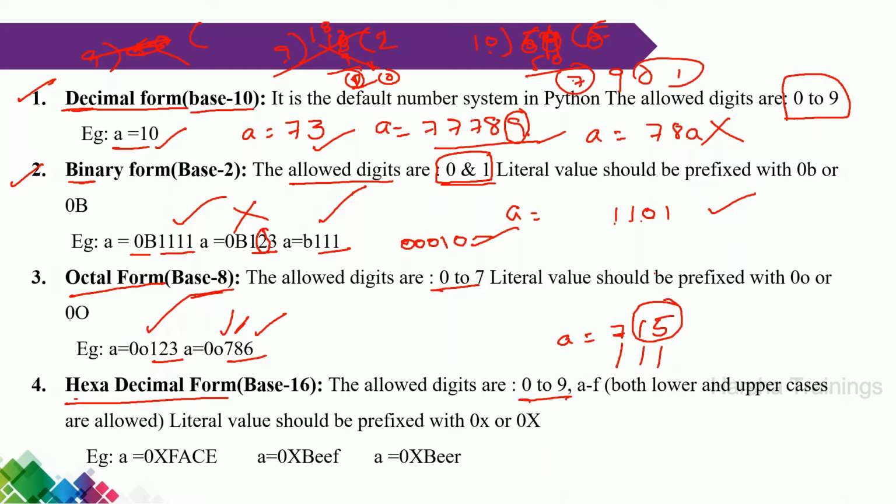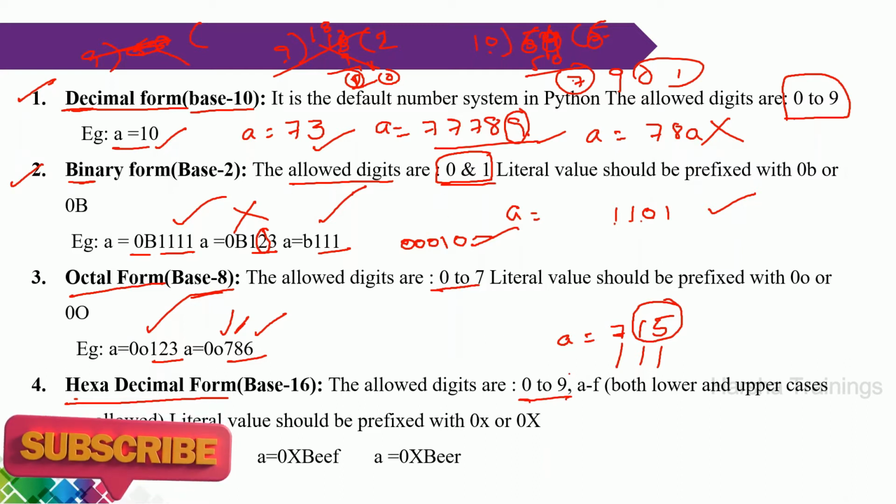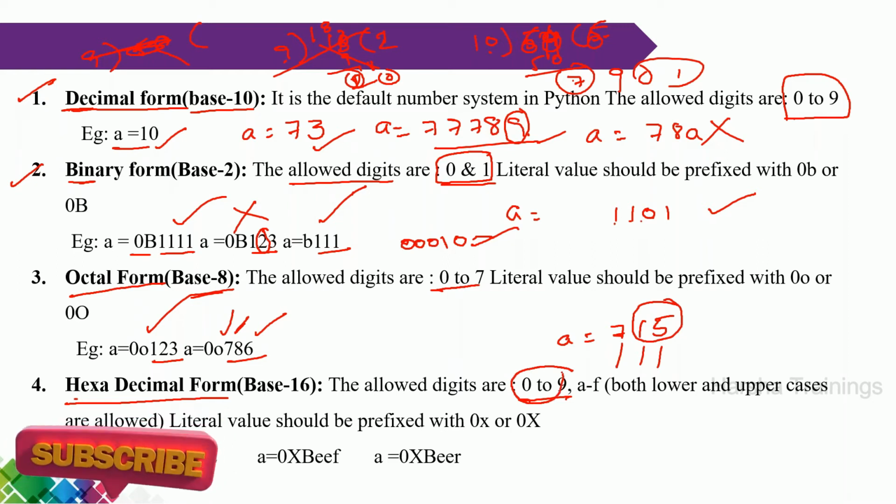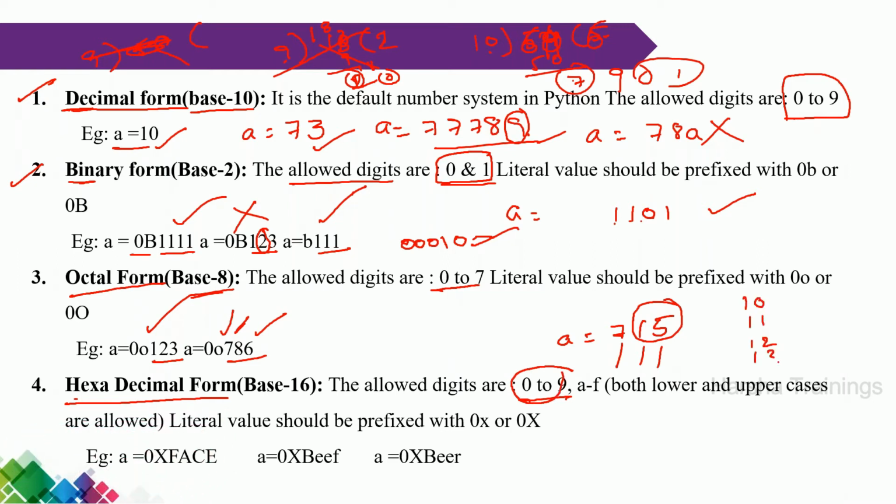Any combination of digits 0 to 9 is considered as separate numbers, not a single number. So to represent 11, 12, 13, 14, 15, we use A, B, C, D, E, F. Either lowercase or uppercase.